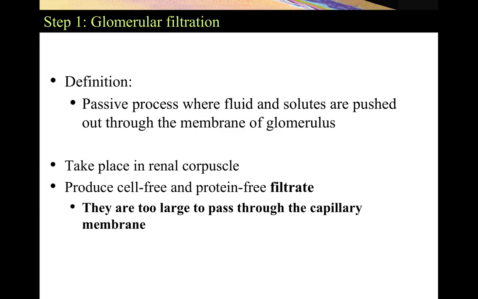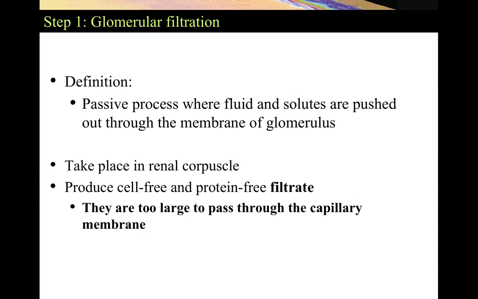So let's start with glomerular filtration. Glomerular filtration is a passive process that basically allows molecules to move from the glomerulus, which is a very leaky capillary network, into your renal tubules.